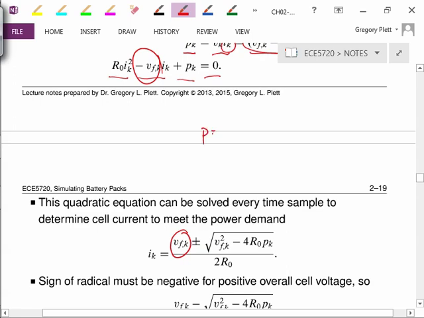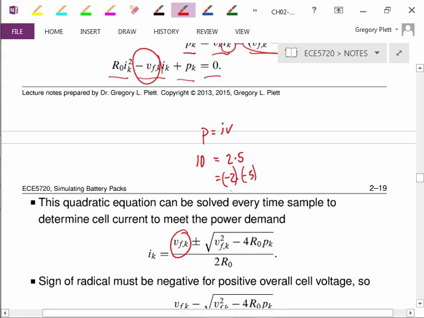For example, P equals IV. I could say a power of 10 is equal to 2 times 5. That's a pretty high voltage, but I just made that up. Or it's equal to minus 2 times minus 5. So one of these solutions actually makes the cell voltage negative, and that's not a possible solution for us.